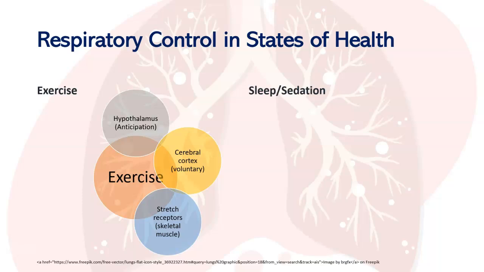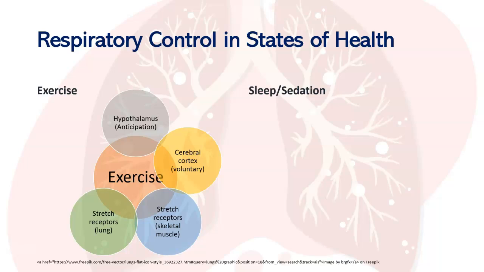And of course, once we start exercising, the increase in the depth of breathing in particular leads to stimulation of stretch receptors in the lung. So at the height of inspiration, these stretch receptors are stimulated, which leads to a cutoff.